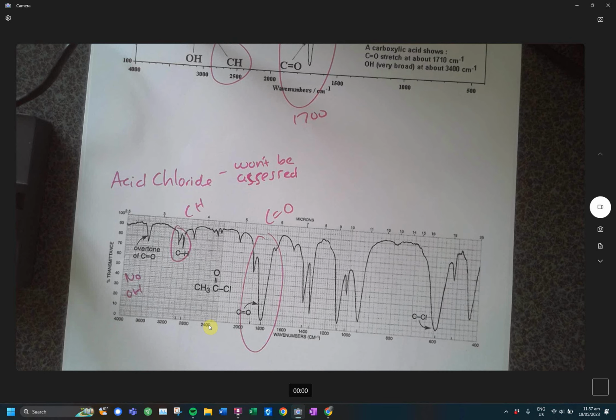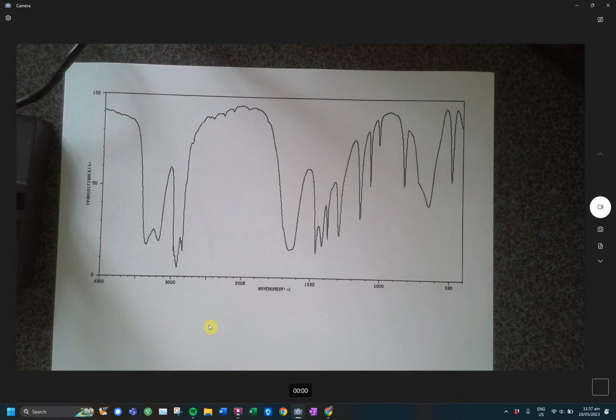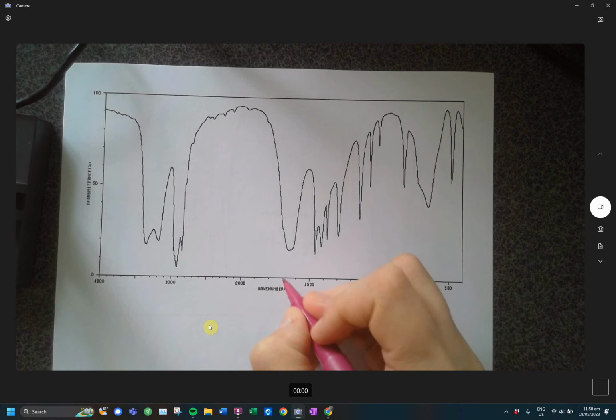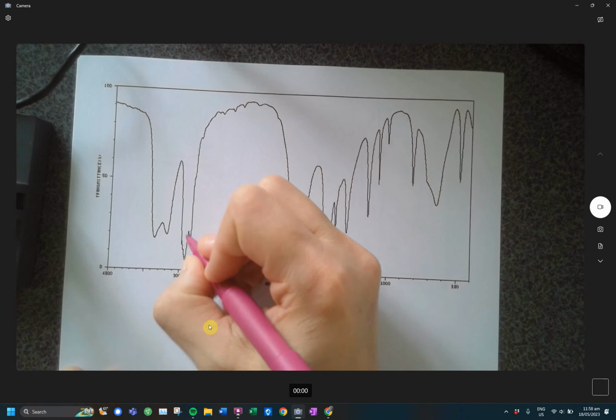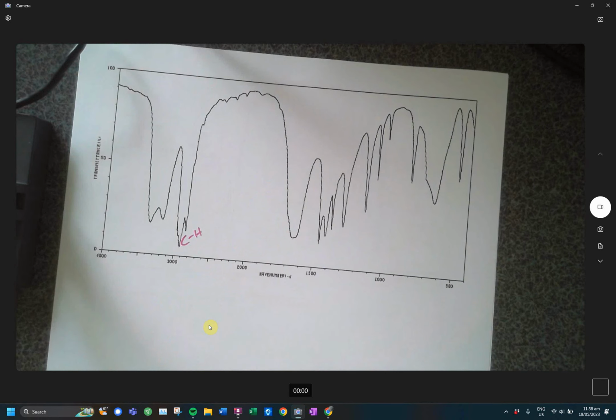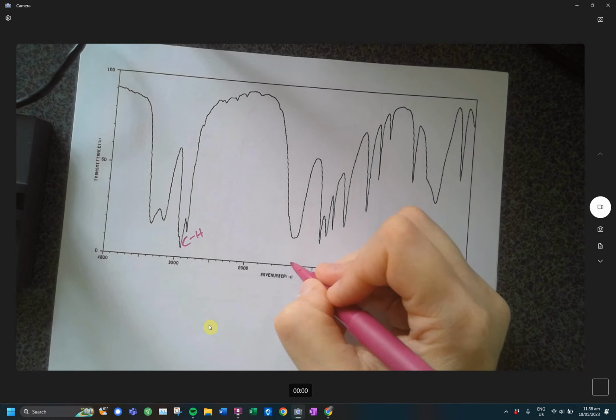All right, next spectra. This one here looks different. I know they don't look different to you guys, but they are different, I promise. So, markers that you should always use: find your CH.